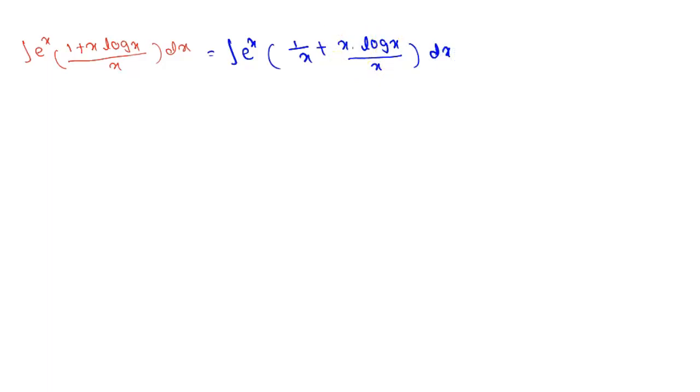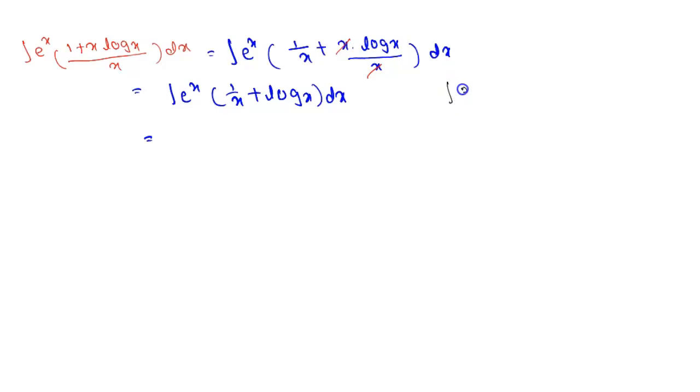So here we can cancel the similar terms. This x and this x will be removed. After removing, integral e power x into 1 by x plus log x dx.